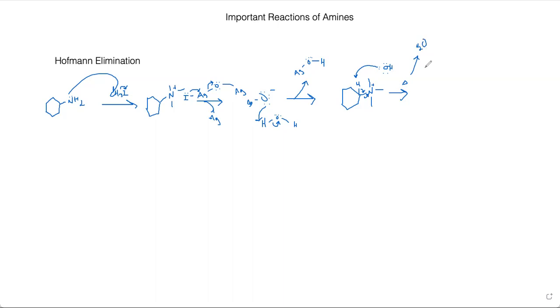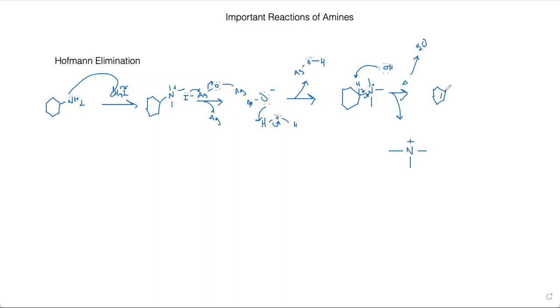We also lose our whole amine there. So we're going to have N, CH3, CH3, CH3 plus, and then all we're left with after this reaction is our cyclohexene ring and a double bond here. And that's it.